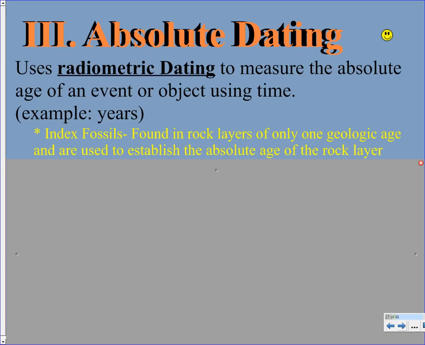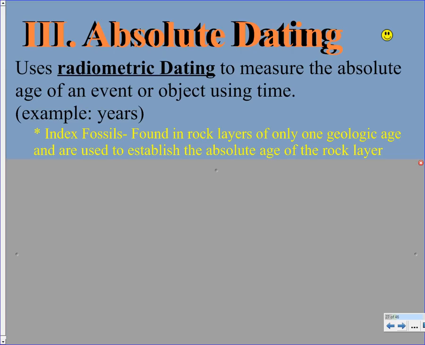Where's your index finger? Everyone lift your index finger. You use this finger to do what? Point. So that's how you can remember an index fossil. Use your index finger to point to the fossil that's going to tell you the age. You only can point to it in one place. If it was in multiple places, you'd be pointing all over with a bunch of fingers.